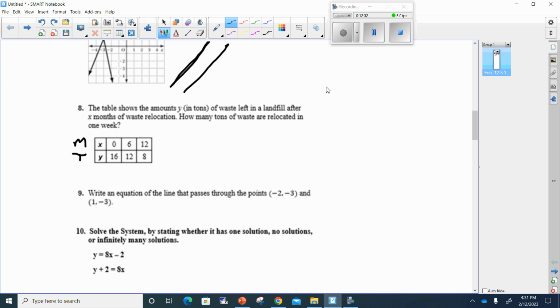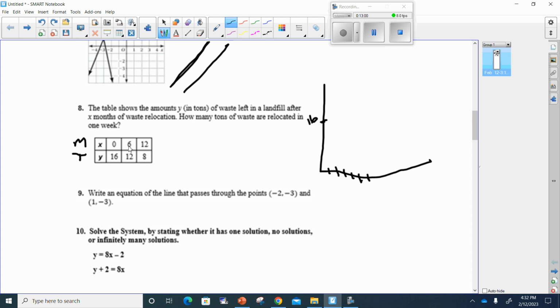And if this was a graph, we know when x is 0, y is 16, so that means it started at 16. And we know when x is 6, so 1, 2, 3, 4, 5, 6, that y is 12.